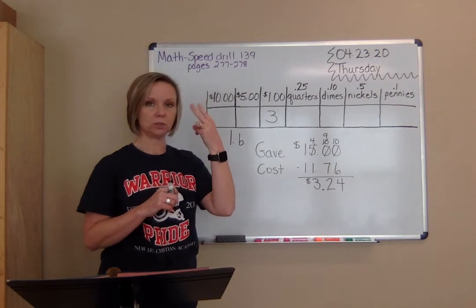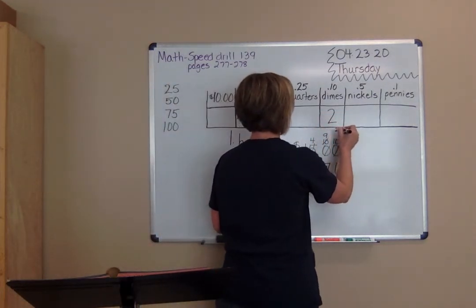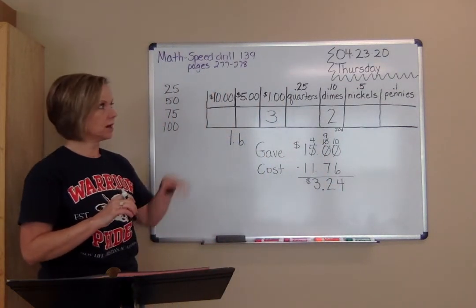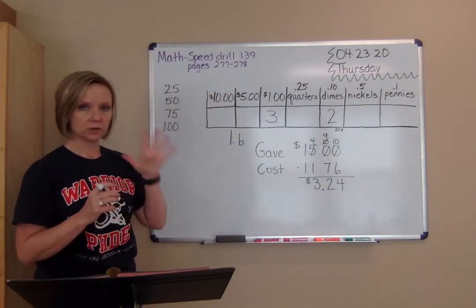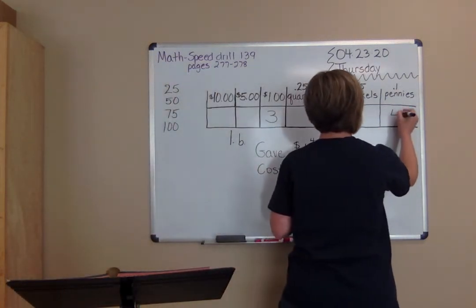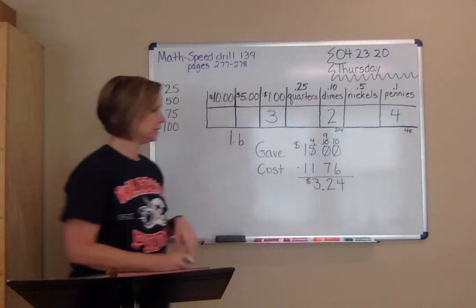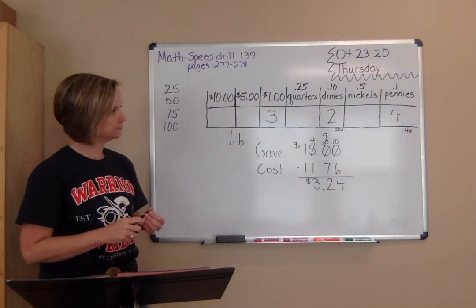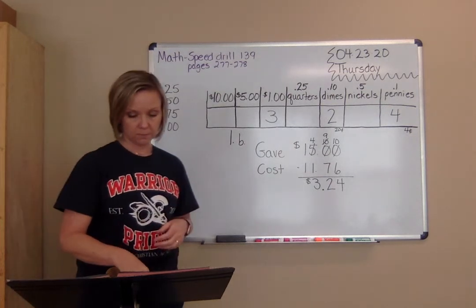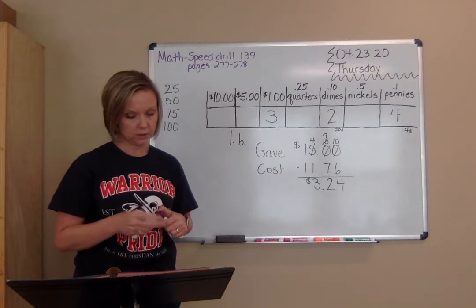How many dimes do I need? 2. That's 20 cents. Then I need 4 more cents. Obviously, a nickel is too much because that's 5. So how many pennies would I need? 4. And that would be 4 cents. So 24 cents. Okay? All right.